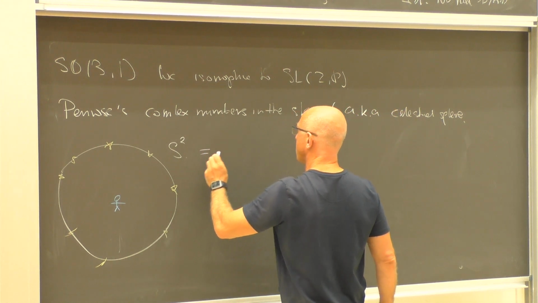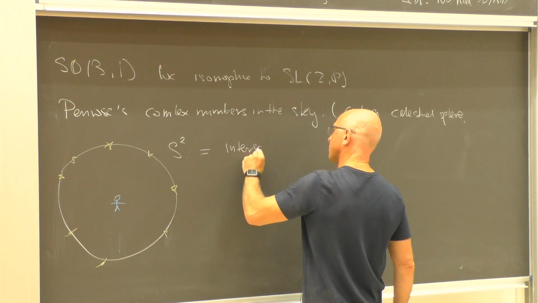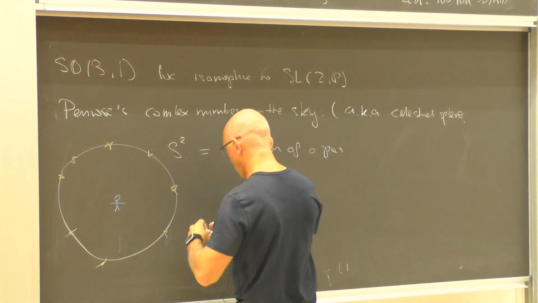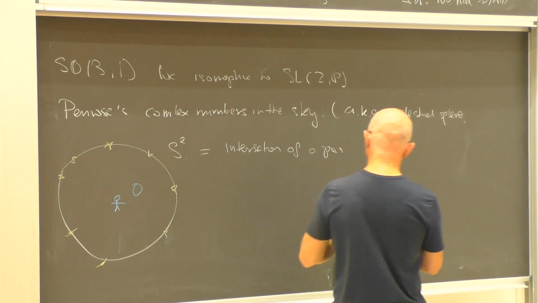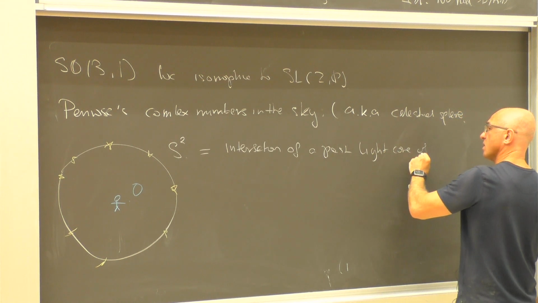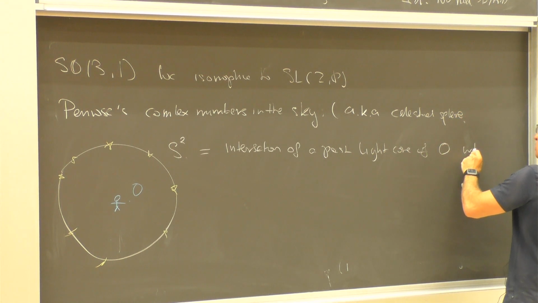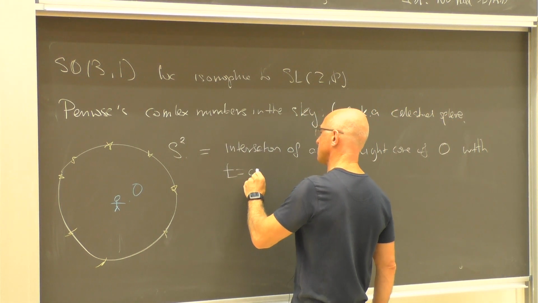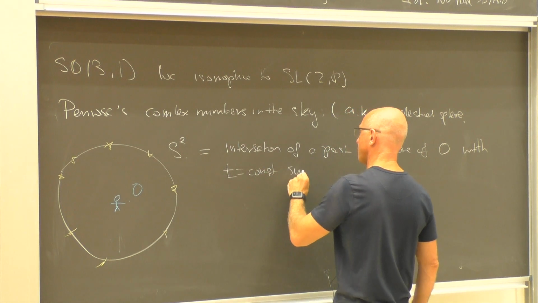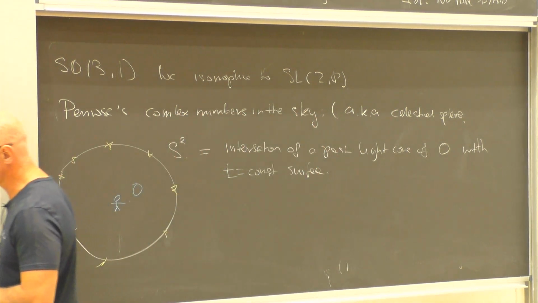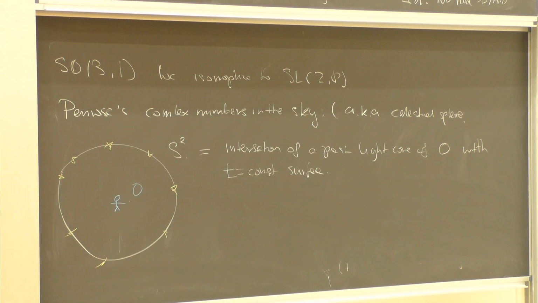So this S2 is an intersection of the past light cone of the observer O with the t equals constant surface. Okay, so a light cone is a null three-dimensional hypersurface, but its spatial section is two-dimensional and it's a sphere.